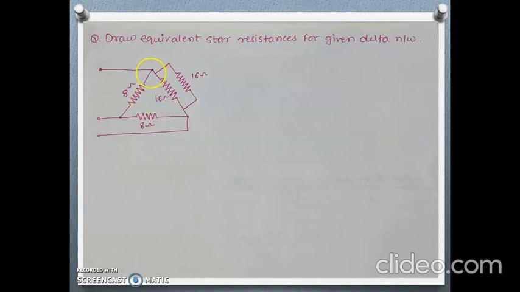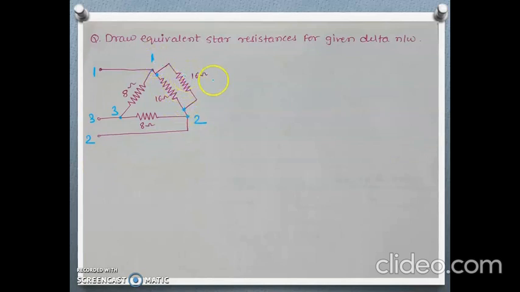This is the inner delta, 8 ohm, 16 ohm, 8 ohm. But this 16 ohm is connected in between these two points. Suppose we mark this point 1, this is 2, this is 3. So this 16 ohm is connected between 1 and 2, and this 16 ohm is also connected between 1 and 2.